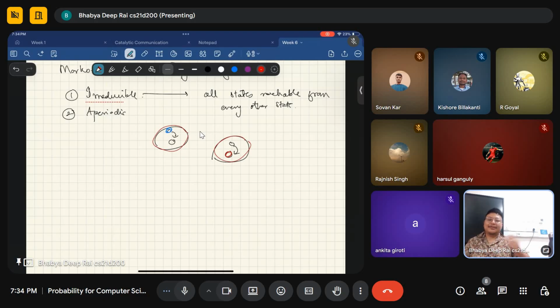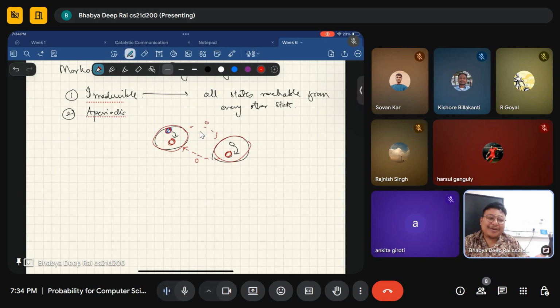So of course the probability of entering these states will be different, no? For every state in this component, the probability of entering into any of these states will be 0.